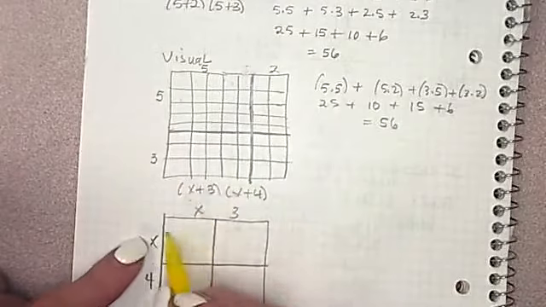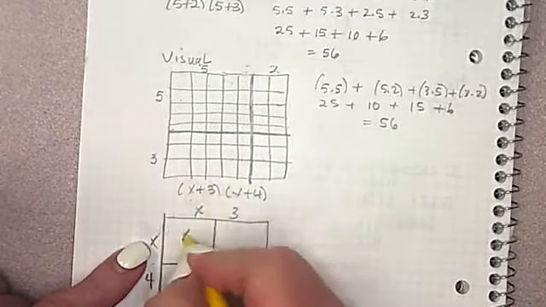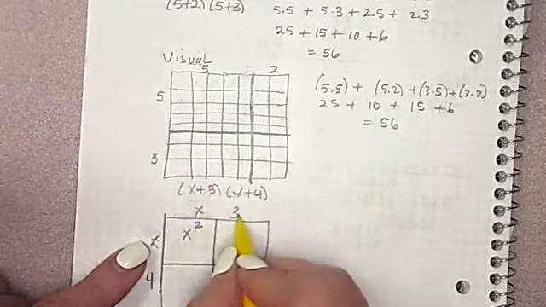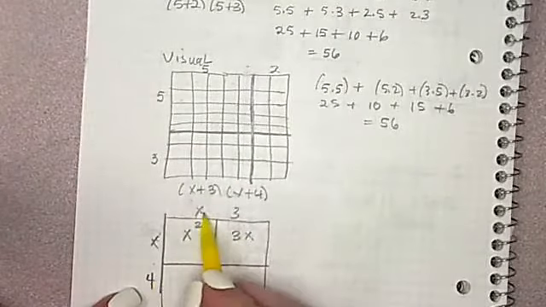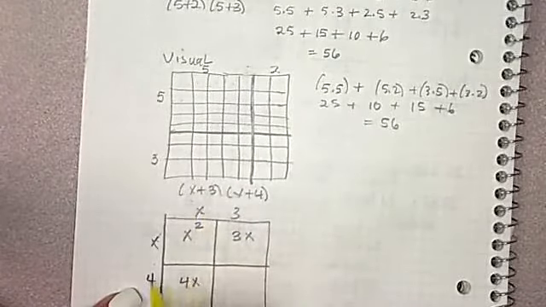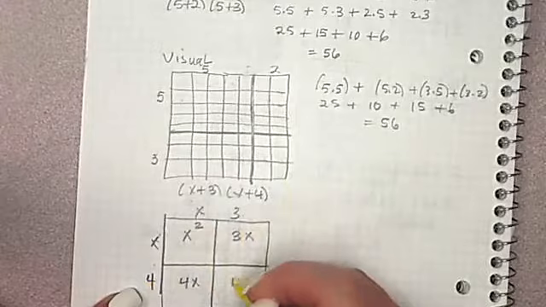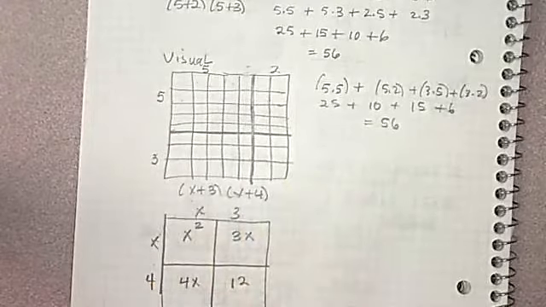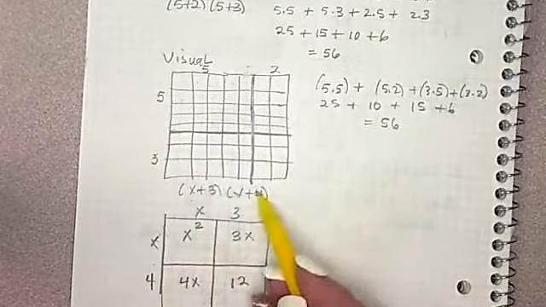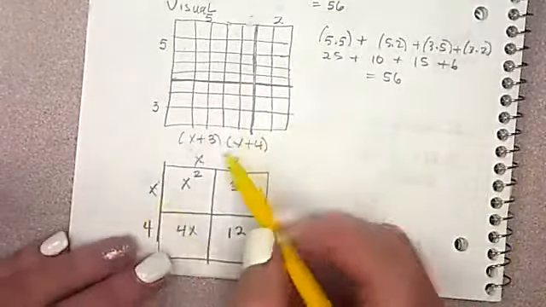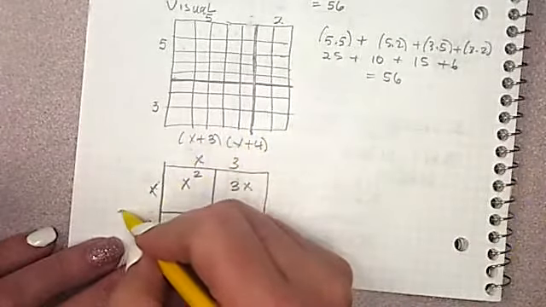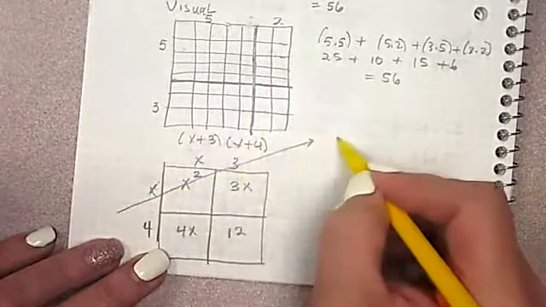Now we can multiply: x times x is x squared, x times 3 is 3x, 4 times x is 4x, and 4 times 3 is 12. Then we can draw these vertical lines. You can go down or you can go up. Since I'm out of room at the bottom here, I'm going to go up. We draw a straight line through here. That's our x squared.